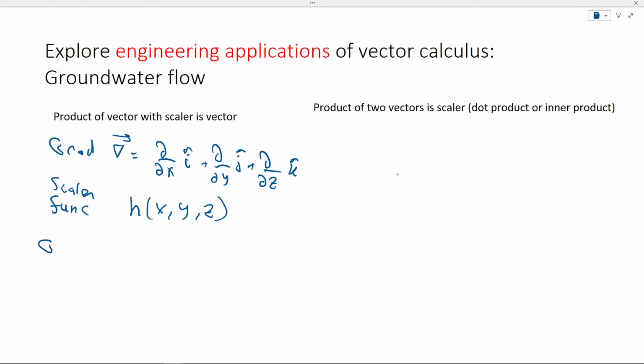So the gradient of the head, what would that be?